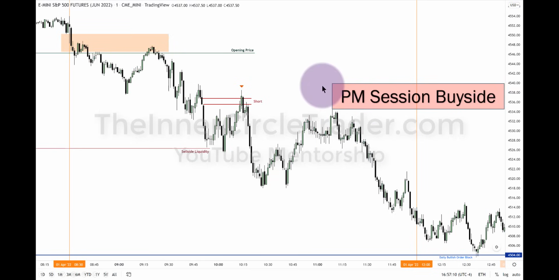So the market's going to move from what? A discount to a premium. That's what the market does. That's what the algorithm does. It seeks discount to premium, premium to discount. Within that logic, the market is reaching for liquidity in the form of buy stops and sell stops, and/or imbalances, or the creation of an imbalance, fair value gaps, or returning back to a fair value gap.